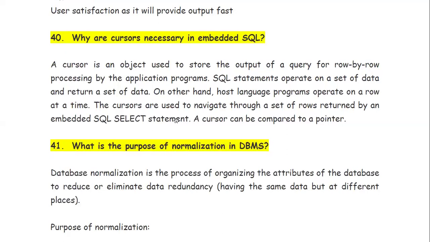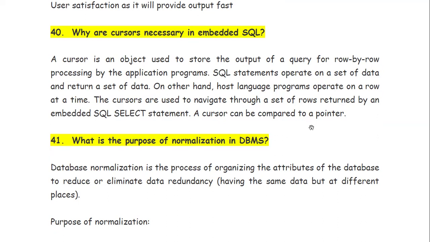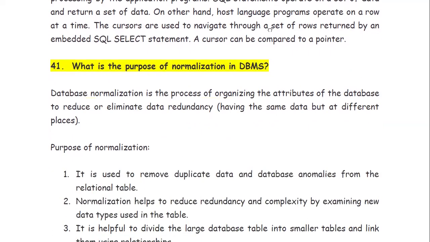The cursors are used to navigate through a set of rows returned by an embedded SQL statement. That SQL statement is the SQL select statement. So you can just compare this cursor with a pointer. Okay, so clear? So just define: a cursor is an object used to store the output of a query for row-by-row processing by the application program.